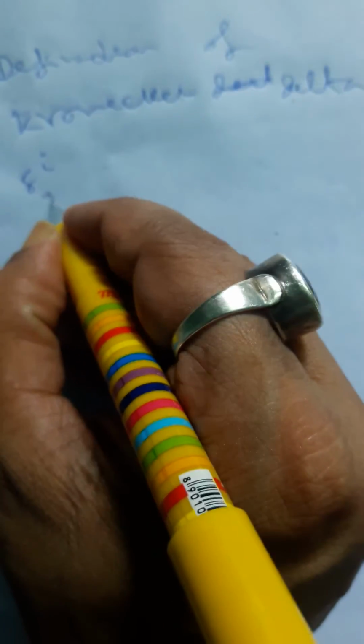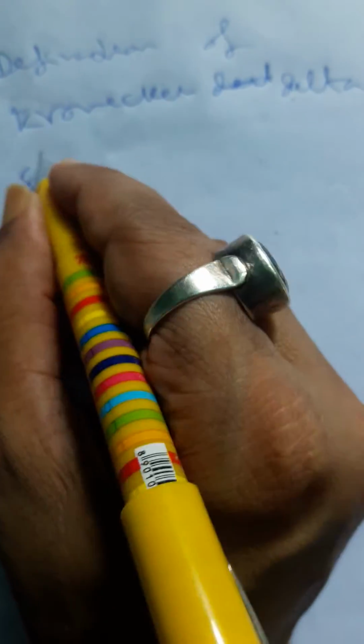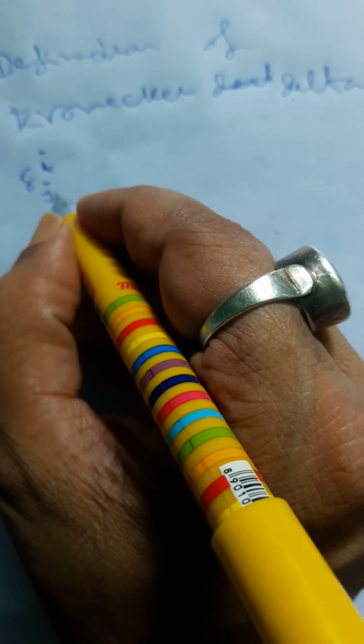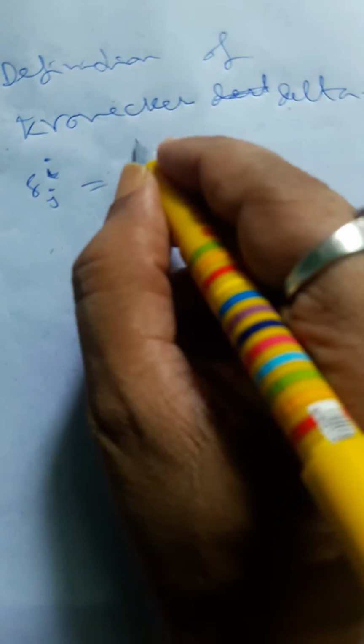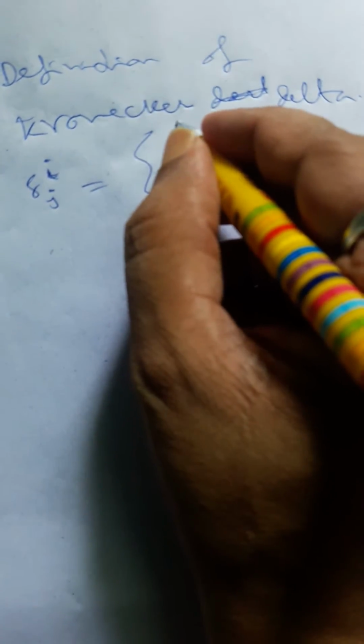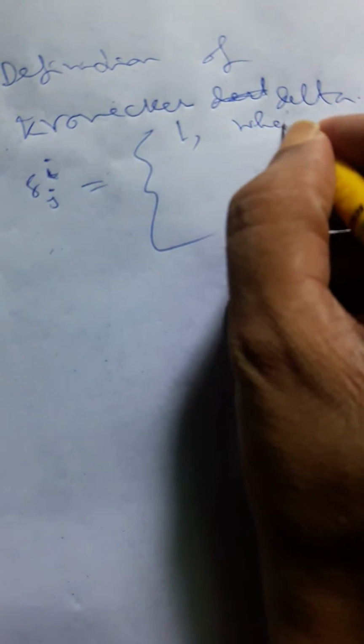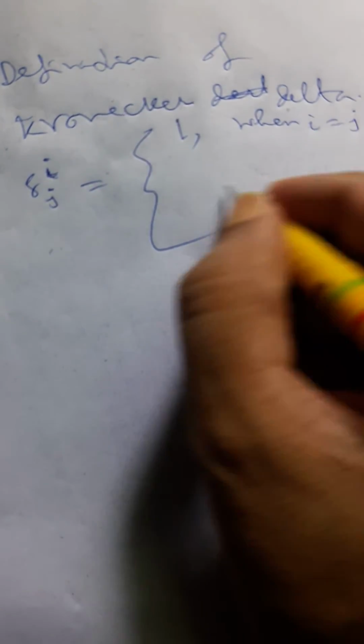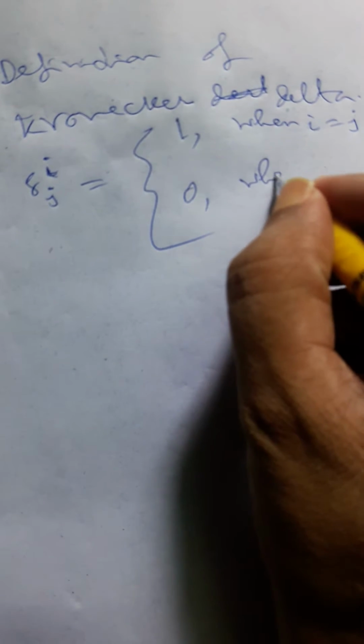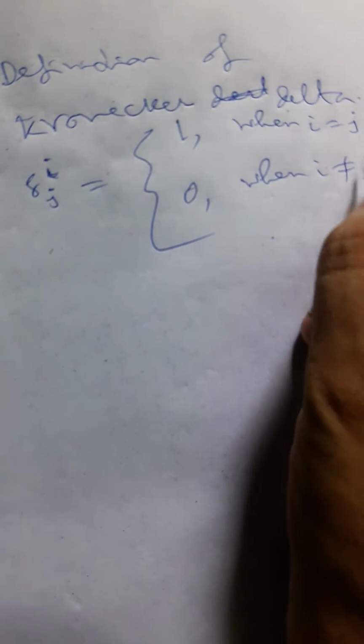delta ij. We are writing i for the superscript variable and j for the subscript variable, as 1 when i equals j and 0 when i is not equal to j.